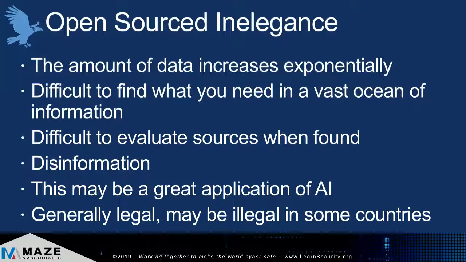Now, with all intelligence gathering, sometimes it's difficult to evaluate the sources when they're found. Where did this come from, how reliable is it? Is it disinformation or is it not? One thing you can do against open source intelligence is to specifically put out disinformation, right?